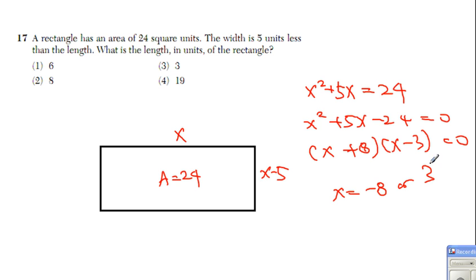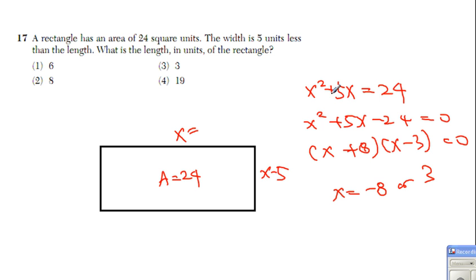or 3. Now, what is the question asking for? What is the length? The width is 5 units less than the length, so the length is the bigger one. If this one is equal to 3, oops, I made a silly mistake here.